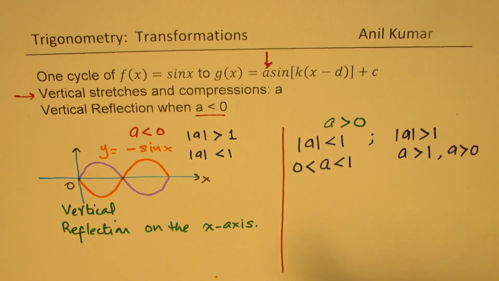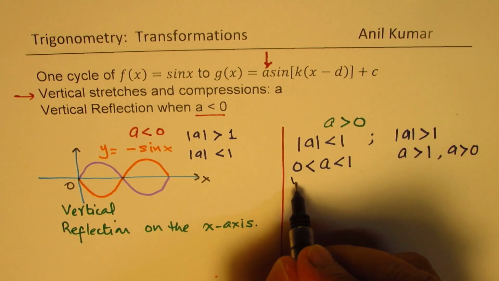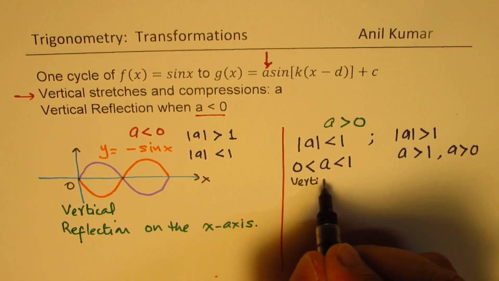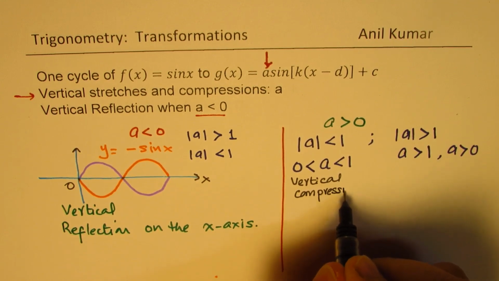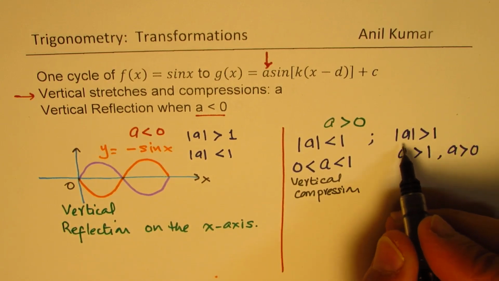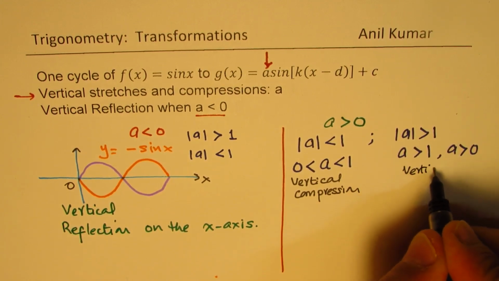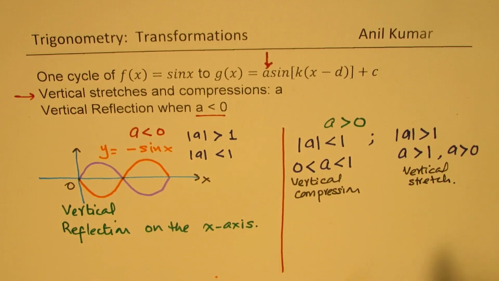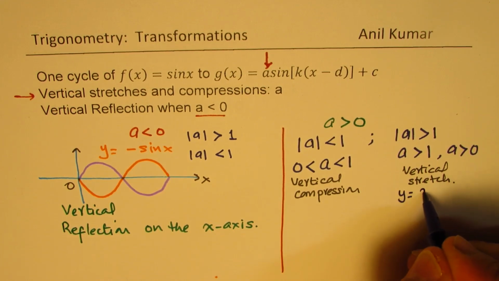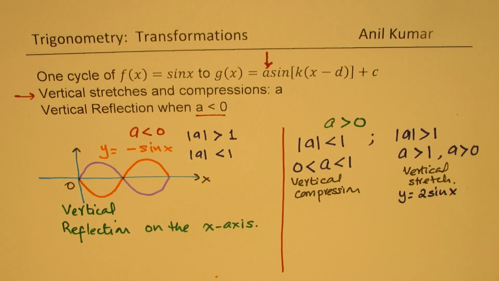Anyway, the idea here is that if the absolute value of a is less than 1, we get vertical compression. But if the absolute value of a is greater than 1, in that case we get vertical stretch. To give you an example, y equals to 2 sine x, for example, will be a vertical stretch.